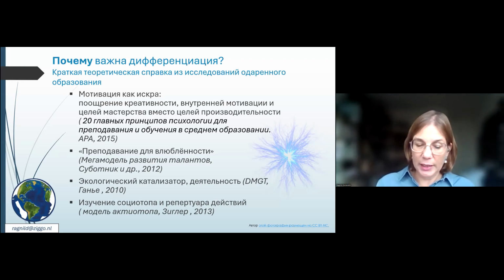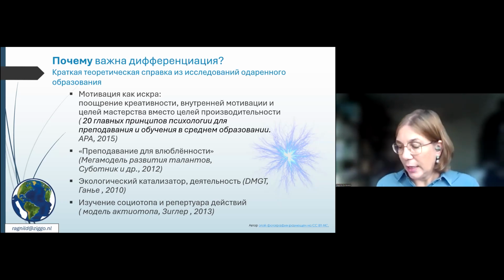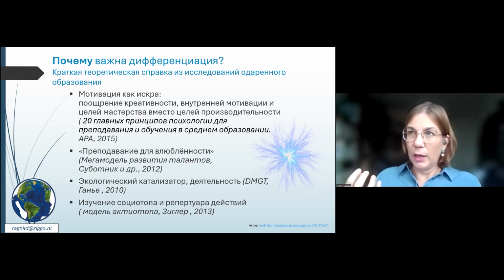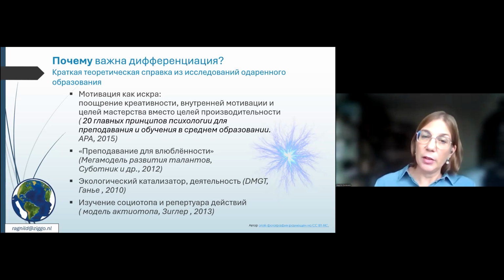So also Gagné is pointing out that this environment is very important. Learning activities are very important, and they contribute to development from gifts to talents. It's important that students get a form of formal learning, and that you have to differentiate to achieve that.